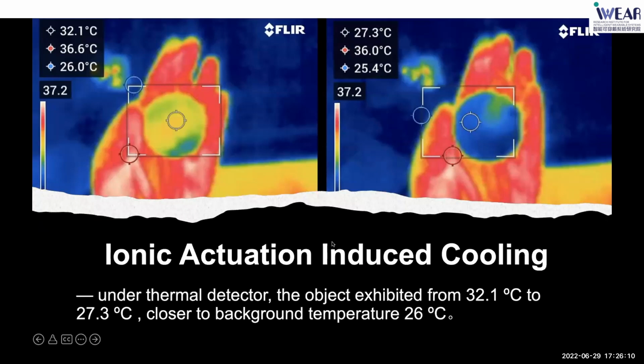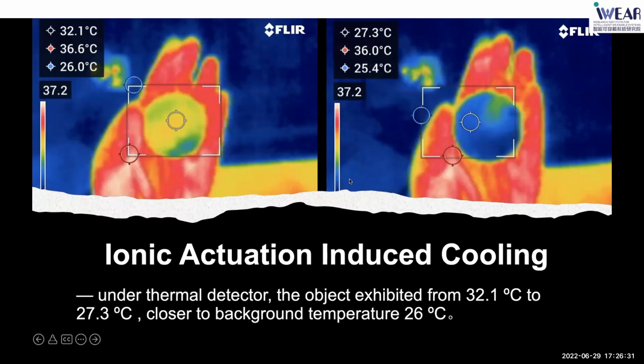Okay, the above introduced the mechanical output. Here, I would like to introduce another output, the optical output due to the mechanical output. That means the ionic actuation can induce a temperature decrease.